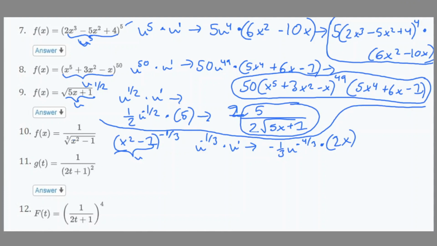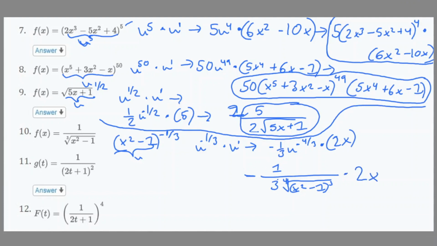We might skip number 11 just because of space purposes. But if we rewrite number 10, what we have up here is negative 1 over 3, and then the 3rd root of x squared minus 1 to the 4th power, multiplied by 2x.